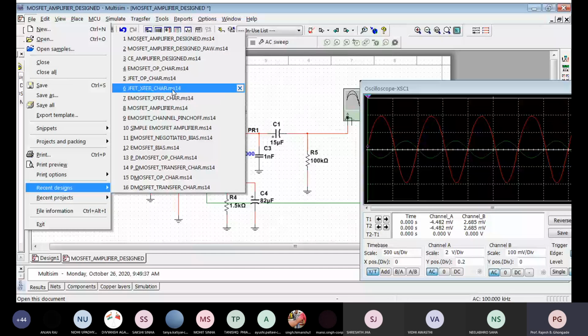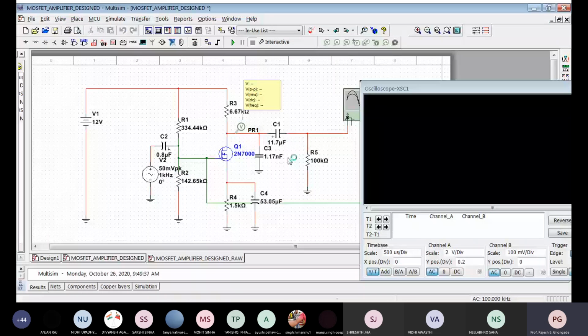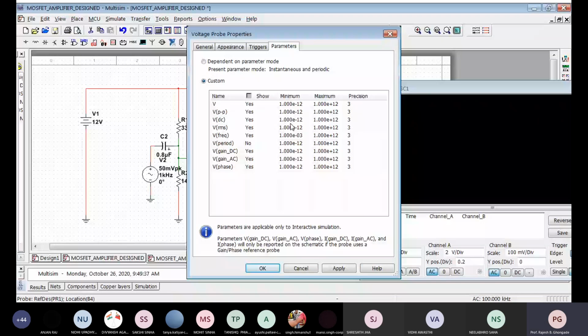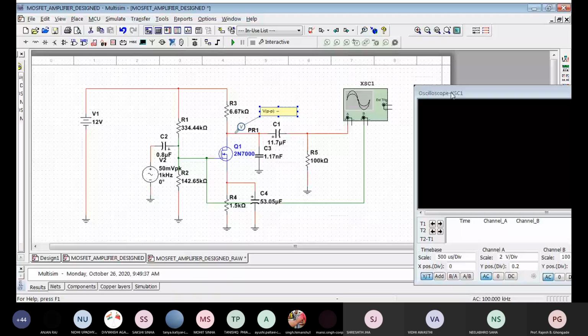I'm interested in only the peak-to-peak value, so DC is not required. I will switch off all the other parameters. Is the screen visible to all of you? Yes, sir.